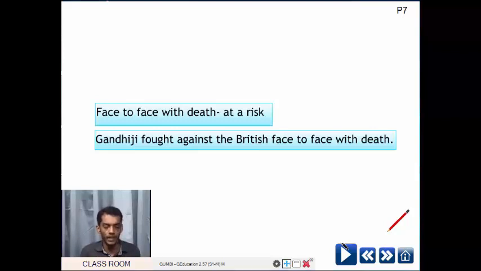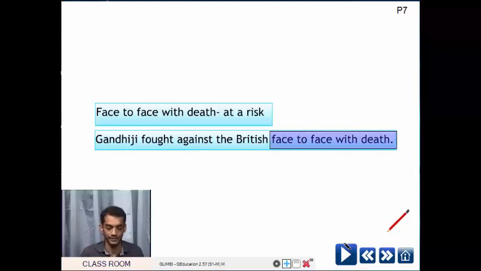It means he was at a risk. He didn't know when he would die. Understood? His life was at a risk. One example is given to you. You can use it in a sentence of your own.